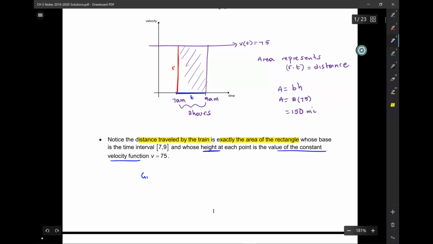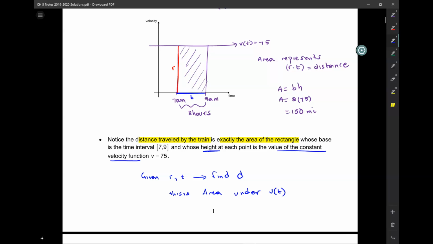So given rate and time, I needed to find distance. And we just came up with the fact that that's just the area underneath V of t. So this is area under V of t.